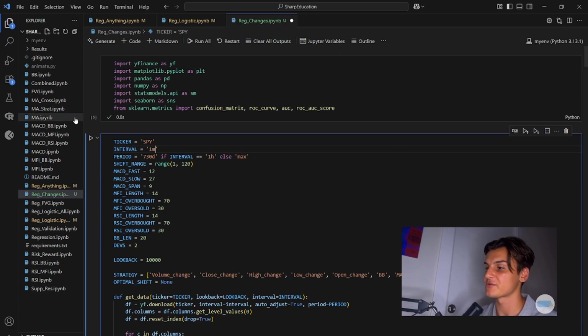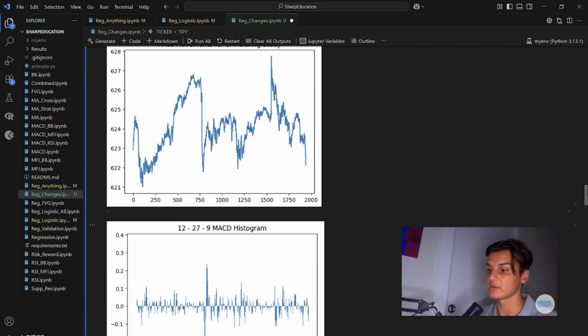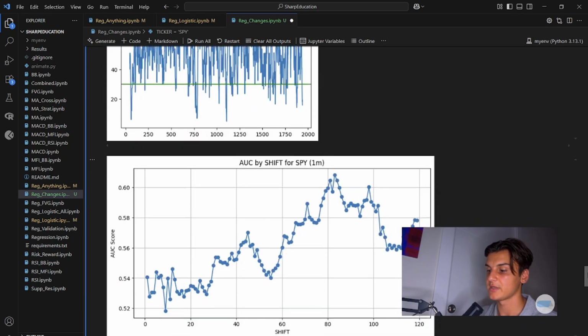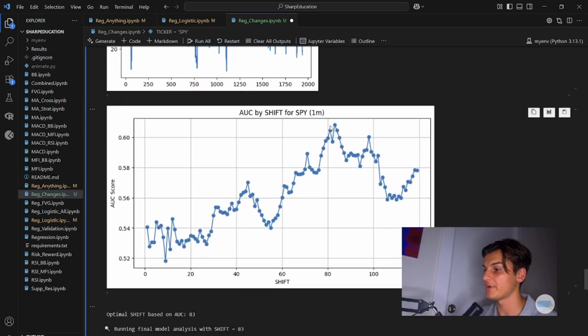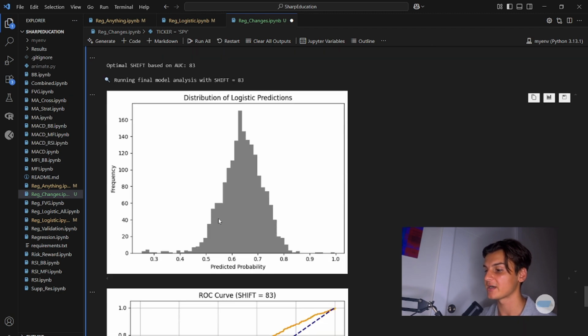Let's do S&P 500 on the 1 minute. Okay, bit of a scatter, so the confusion matrix won't be biased. Bollinger Bands up to 0.62 when we hold for 83 minutes. So an hour and 23 minute trades is what we should be placing with these technical indicators based on the information we have.